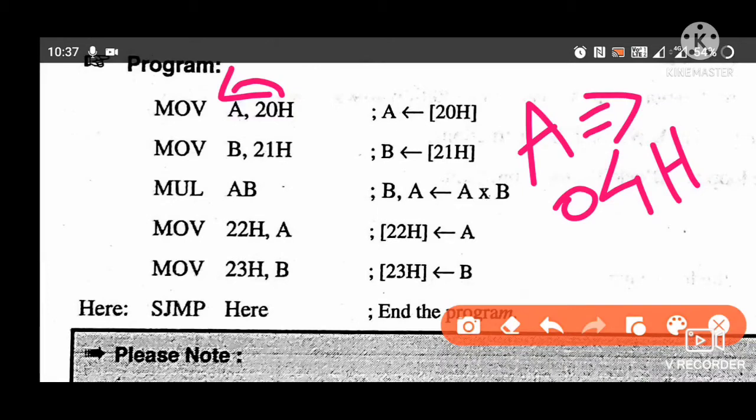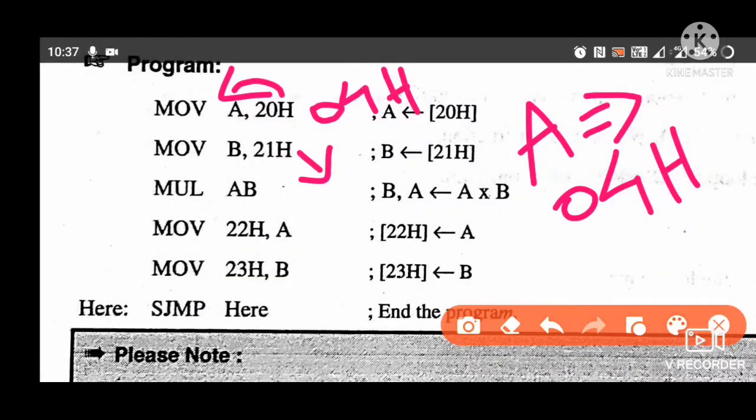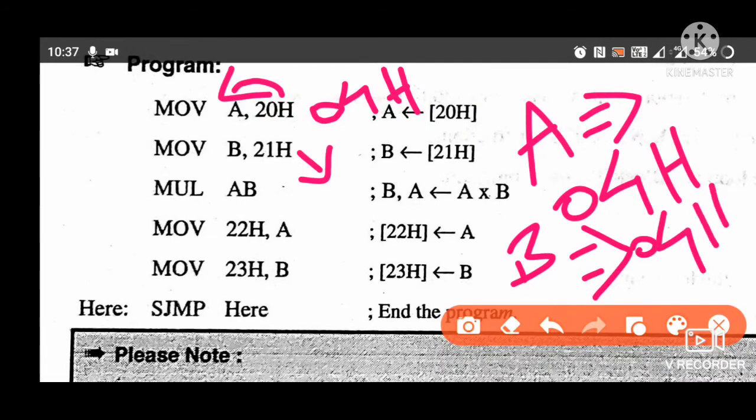The second value for the multiplication is in the 21h address, which also has 04h. So this value stored in the 21h address is now transferred into the B register. Now the B register also has the 04h value.